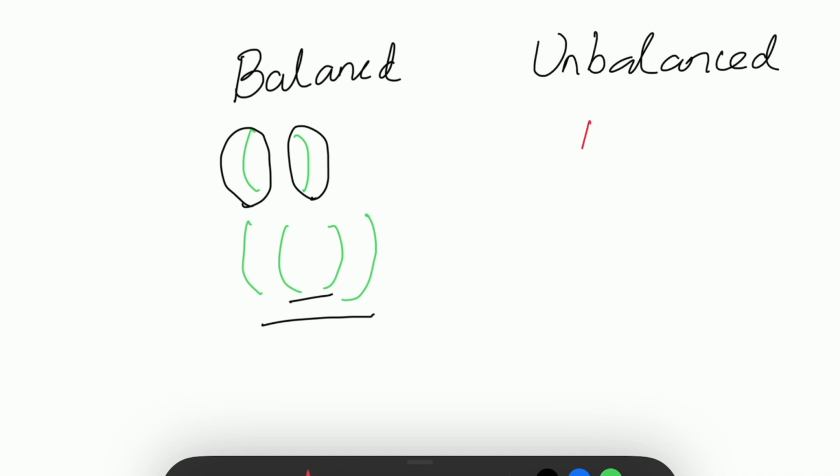For example, here also we have two parentheses, but it's not balanced because none of them are closed. And another example could be something like this. So here we have open parenthesis and again we have open parenthesis. So this is also not balanced.